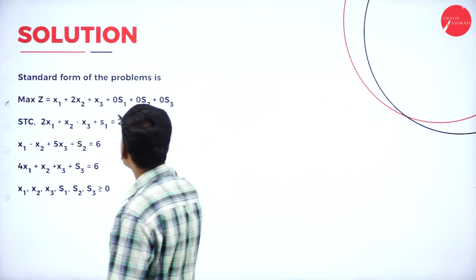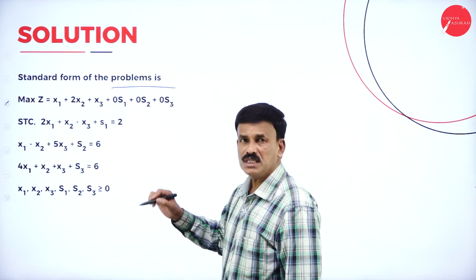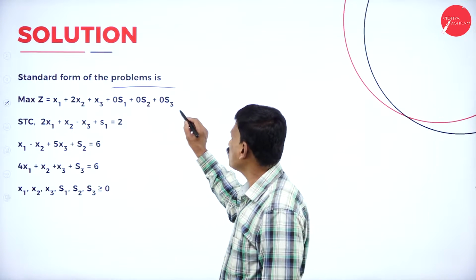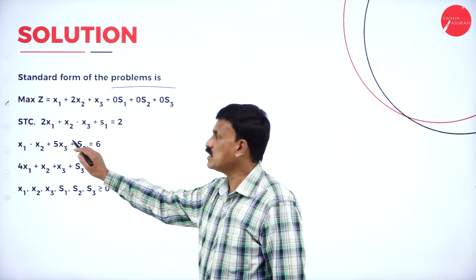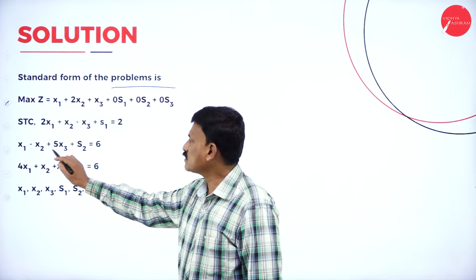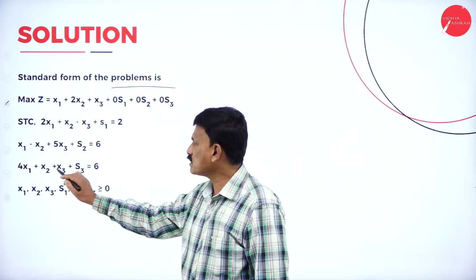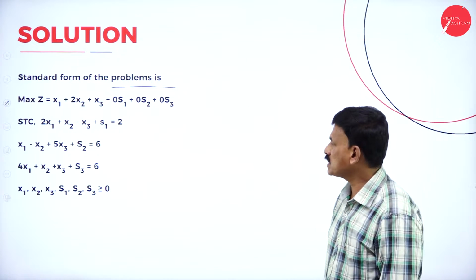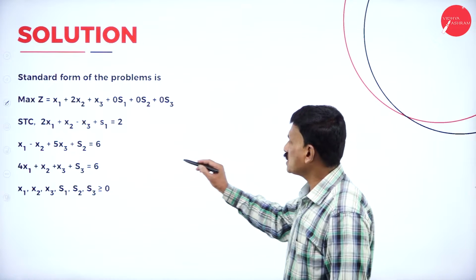The standard form of the given problem is max z is equal to x1 plus 2x2 plus x3 plus 0 s1 plus 0 s2 plus 0 s3 subject to the constraints 2x1 plus x2 minus x3 plus s1 is equal to 2, and x1 minus x2 plus 5x3 plus s2 is equal to 6, and 4x1 plus x2 plus x3 plus s3 is equal to 6, where x1, x2, x3, s1, s2, s3 are all greater than or equal to 0. Let us write the coefficients for this.